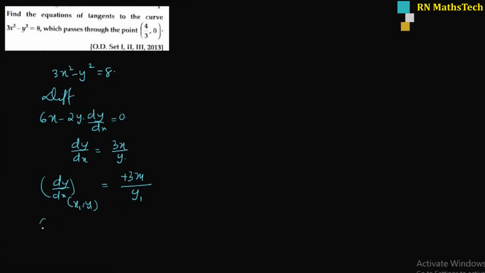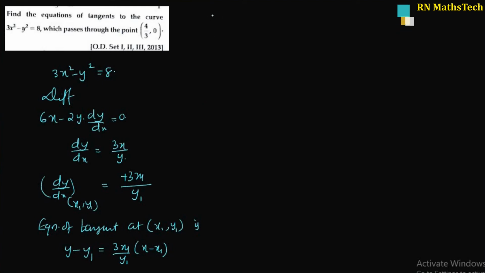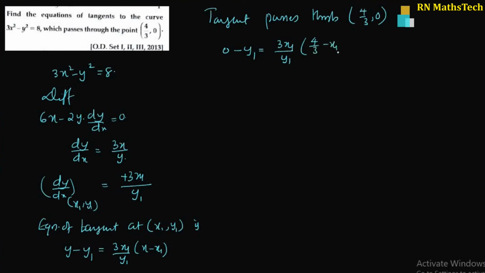Therefore the equation of tangent at x1, y1 is y minus y1 is equal to 3x1 by y1 into x minus x1. The tangent passes through the point 4 by 3, 0. So 0 minus y1 is equal to 3x1 by y1 into 4 by 3 minus x1.